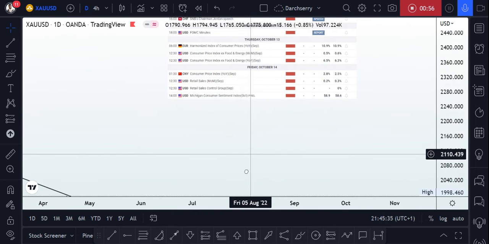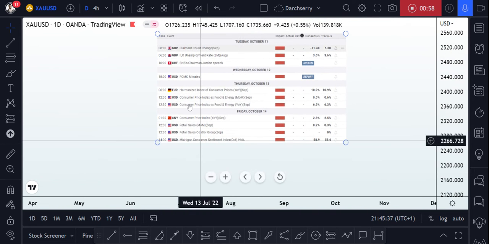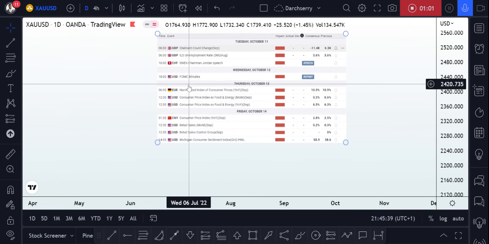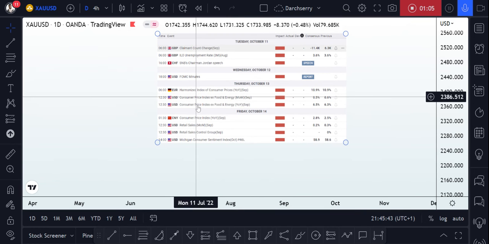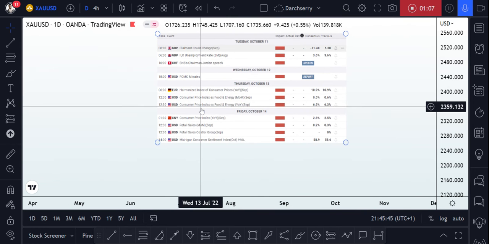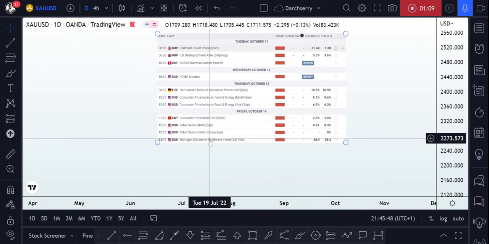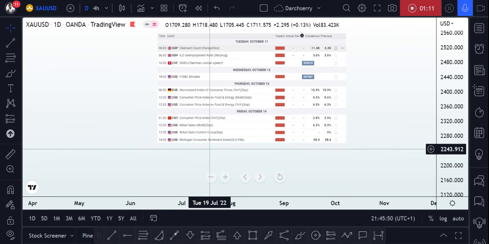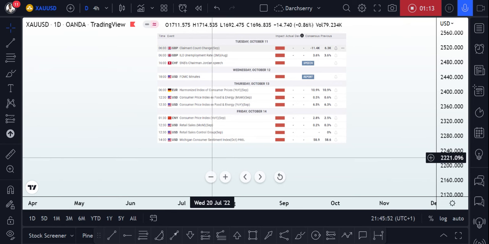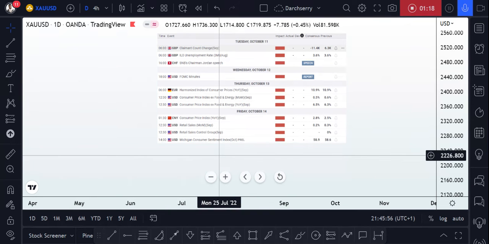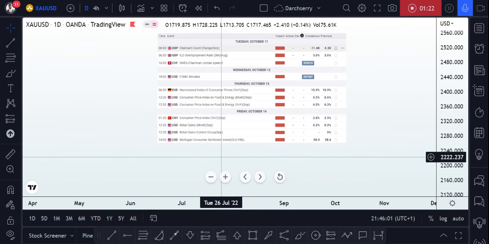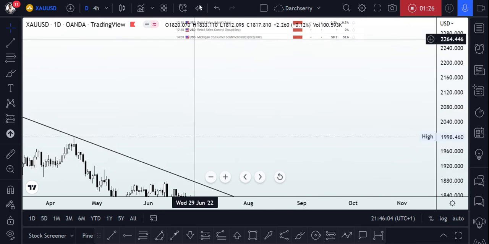We have a major event coming up on Wednesday, which is the almighty FOMC, and we have the consumer price index on Thursday, and on Friday we have the retail sales, and we also have the Michigan consumer sentiment index. So these are the three major events that are likely going to serve as a catalyst for price movement next week.